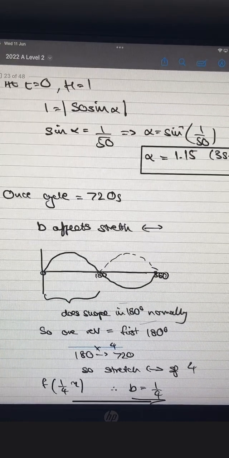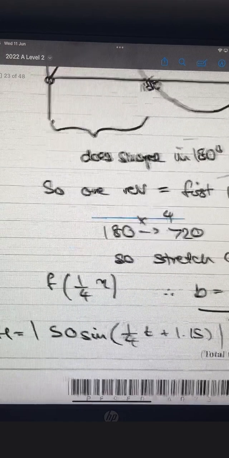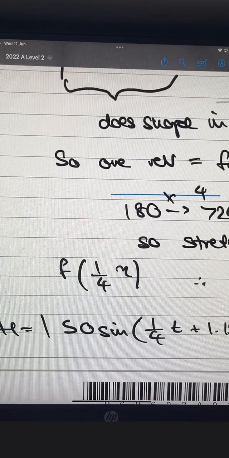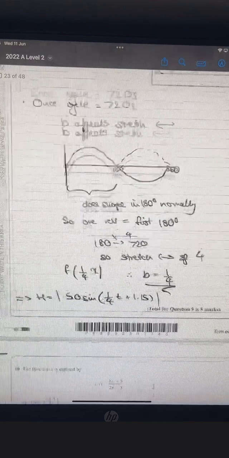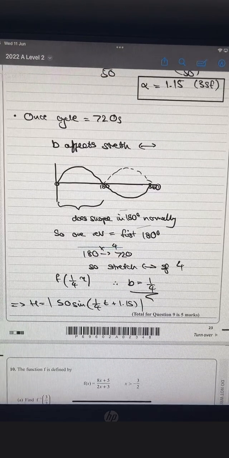I am stretching it horizontally by a scale factor of 4. And if I remember my graph transformations, to stretch horizontally by a scale factor of 4, I'm doing f of 1/4 x. Because x is illogical, right? If I scale by a scale factor of 1/4, then it'd be f of 4x. So remember, it's just always a reciprocal for x. So that is why b is equal to 1/4, because it's the coefficient of t, which is like x. So hopefully that makes sense, Yusuf.